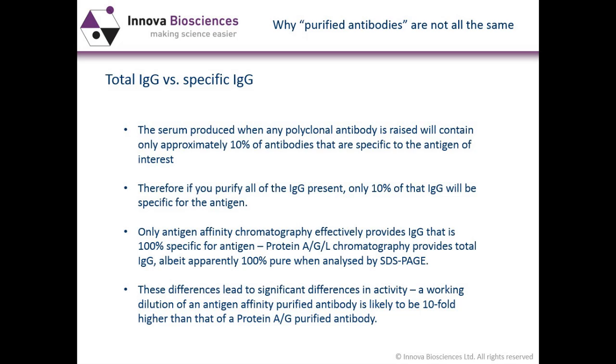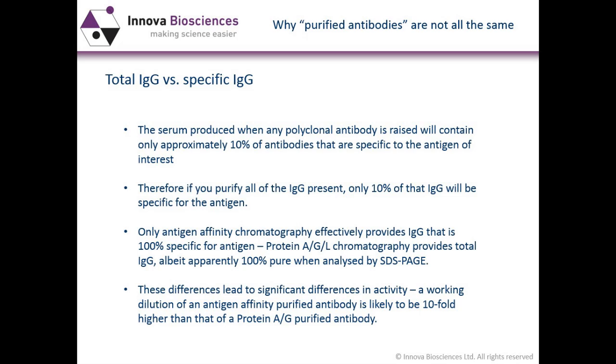So 90% of the IgG that is in the serum is IgG against various other factors that the animal may have raised antibodies against during its lifetime, or just normal background IgG with no particular specificity.